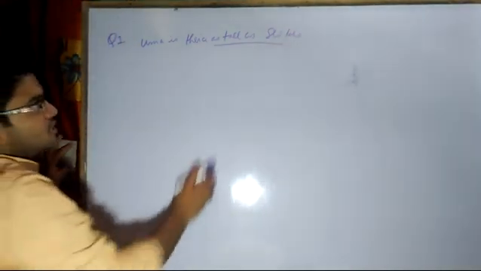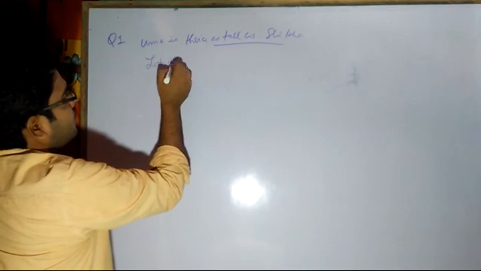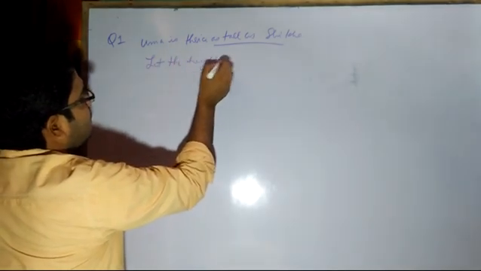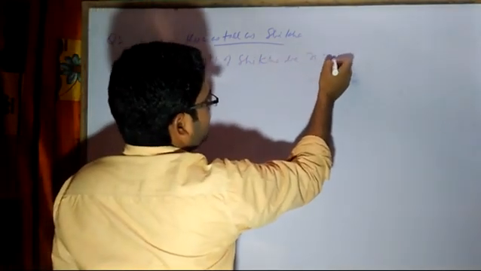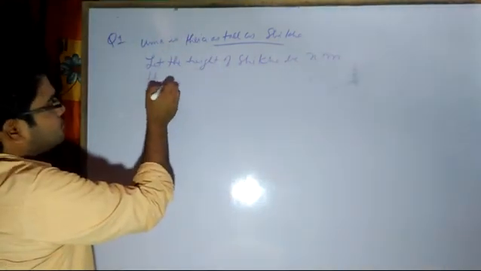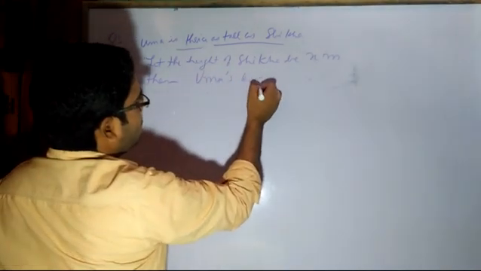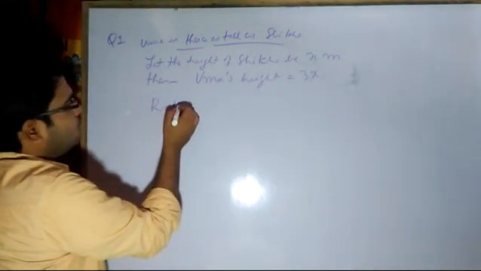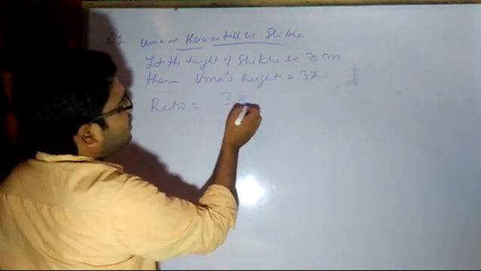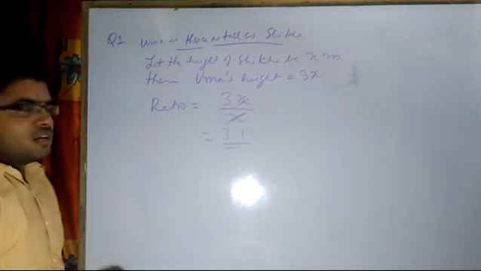That means, suppose I assume, let the height of Shikha be x meter, then according to the question, Uma's height is equal to 3x, because it is 3 times. So the ratio will be 3x upon x, x cancels, that means 3 upon 1, that is 3:1.